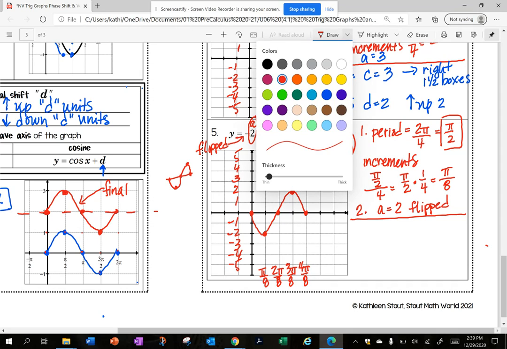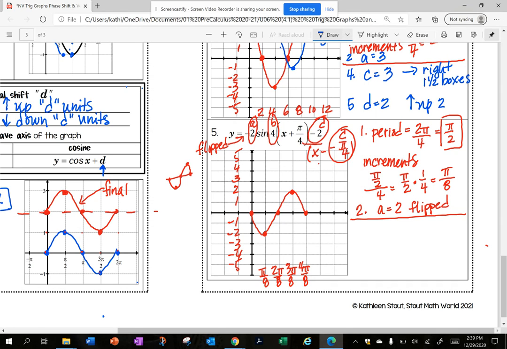All right, so let's add my C and D parameter changes. So we said C equals negative pi over 4. So I'm x plus pi over 4. So plus means I am going to the left. So a fourth is going to be 2 boxes.